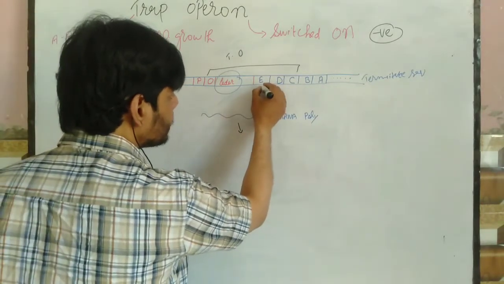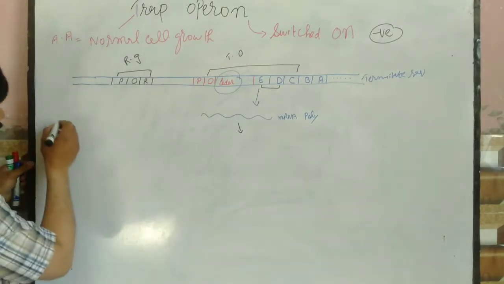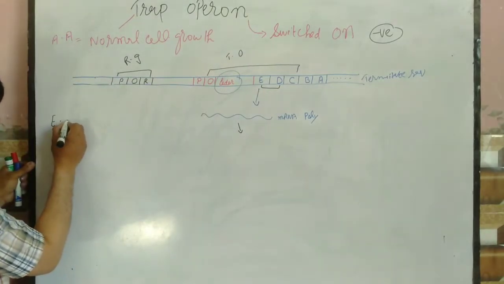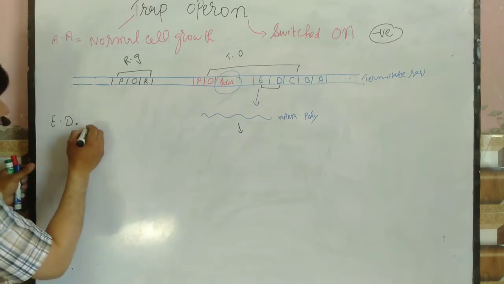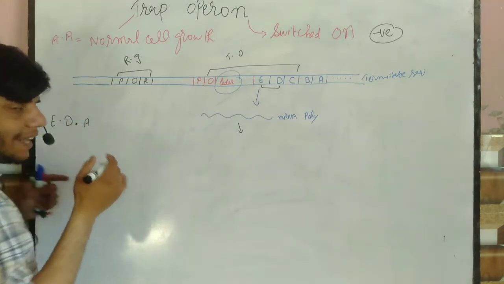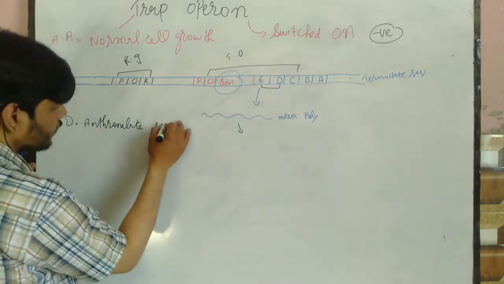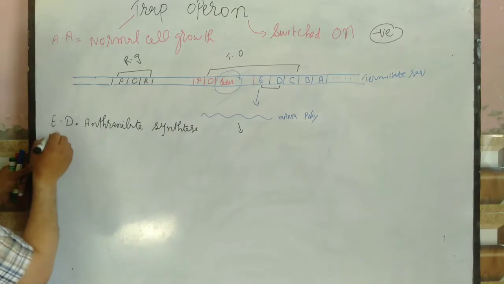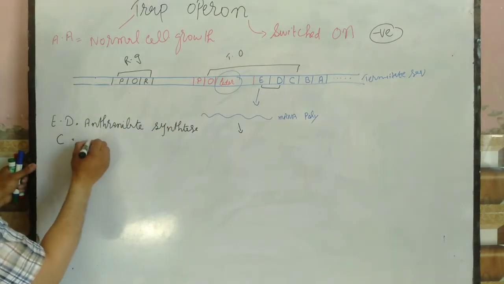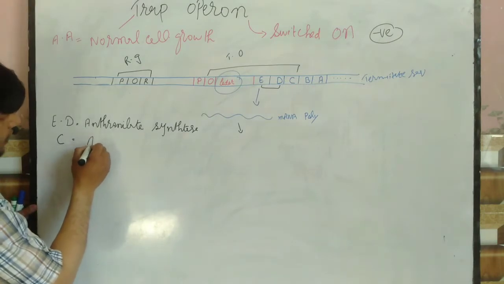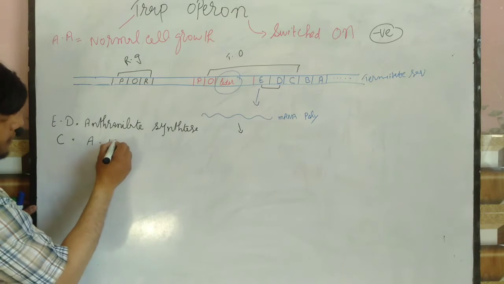These two, as you can see, E and D genes, will produce a protein we call anthranilate synthetase. We have C. This C gene produces anthranilate isomerase.